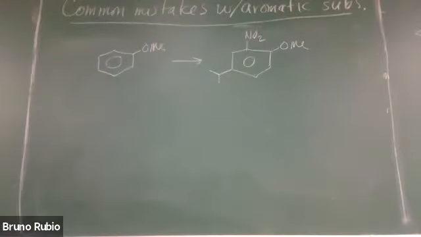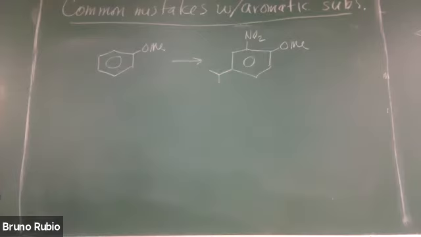Okay, so what would be the steps here? Once again, it's a two-step synthesis, but what is the correct order of steps? Do I put the fishtail on first, or do I put the nitro group on first?